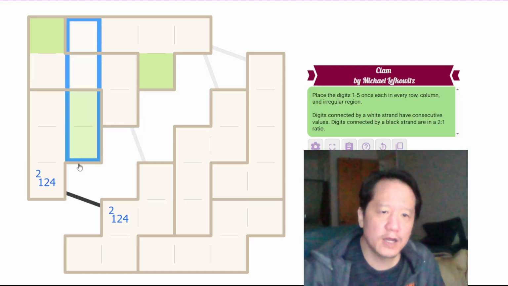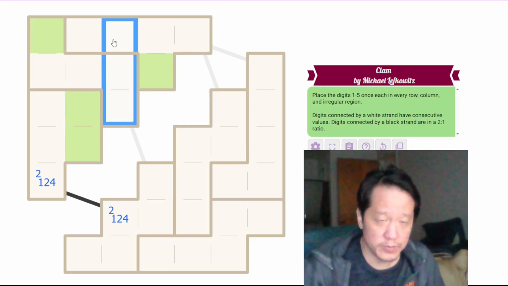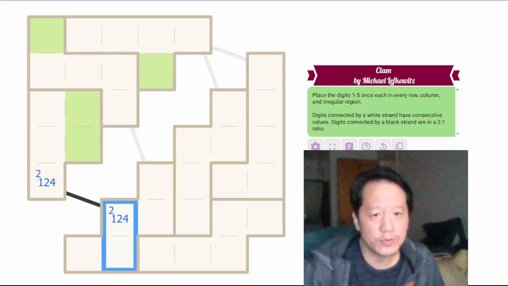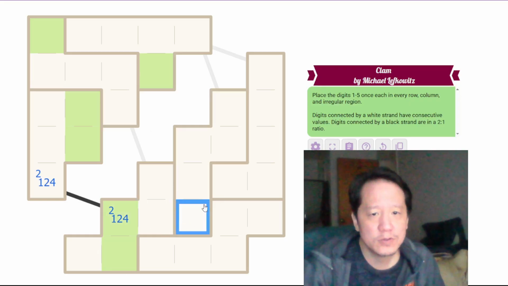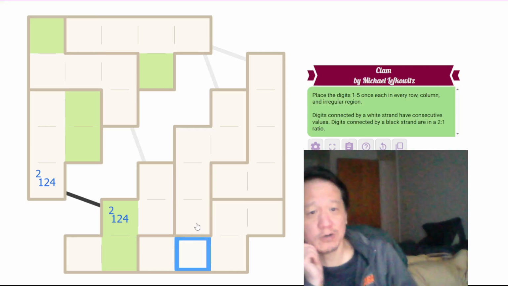So that means this green digit cannot be any of these digits because they're in the same row and same region. So it must be in column 3, one of those 2. Does that help us any? I'm not sure.